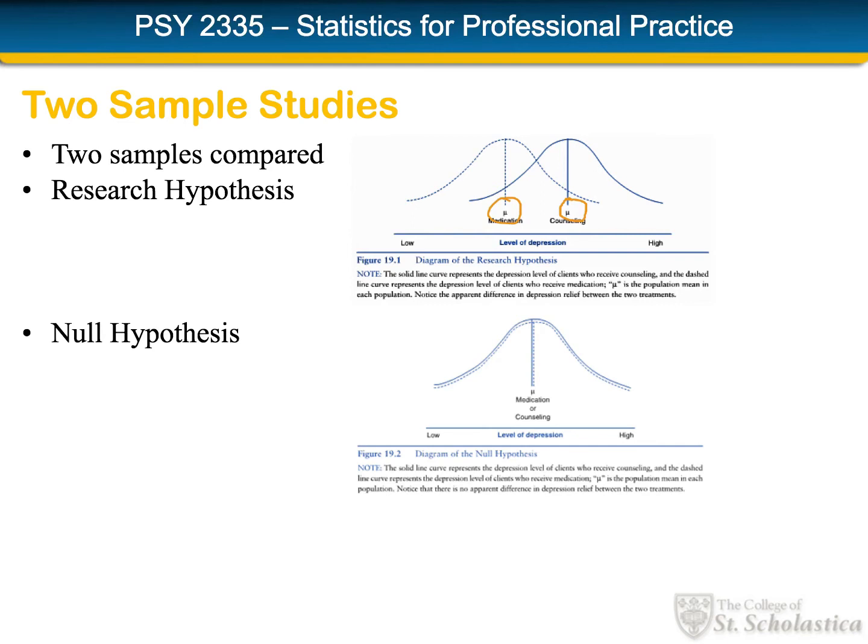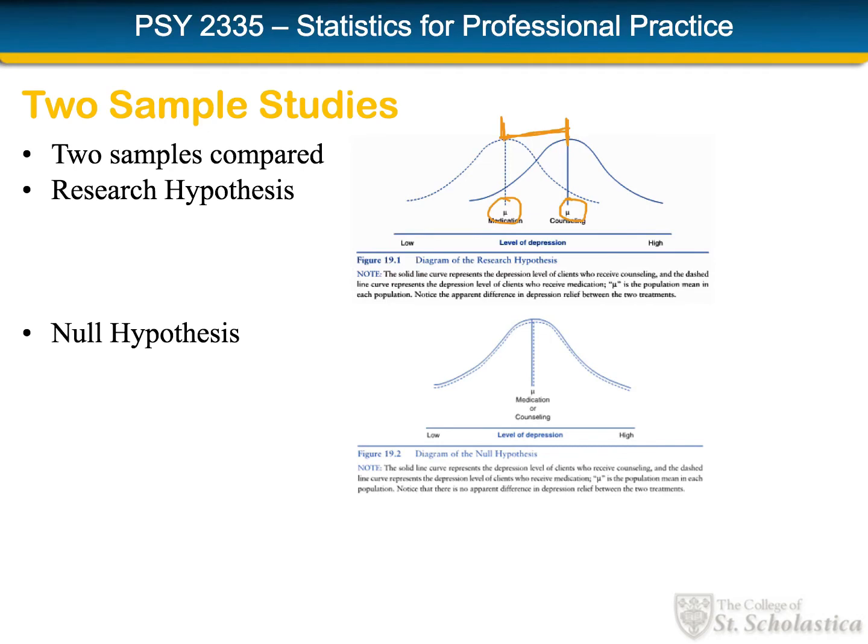And what we're seeing in this chart is the distribution of two groups of people. One of them received medication for depression, the other one received counseling, and the means are different. We can see that the peaks for each of those two curves come out at different places, and this gap between the two means is what shows up in the numerator of our t-statistic.